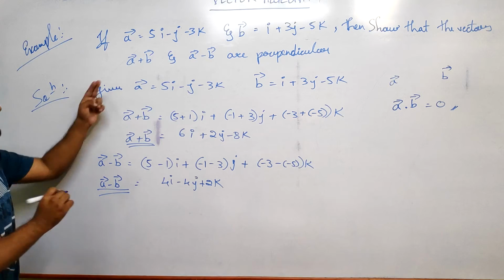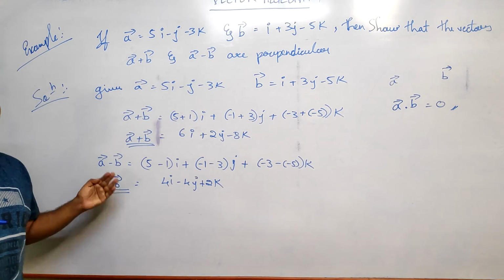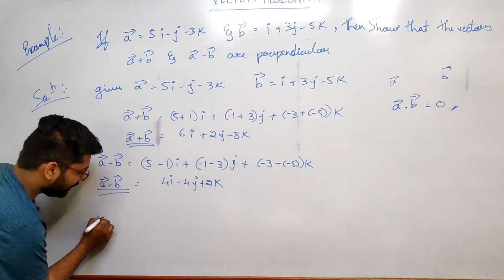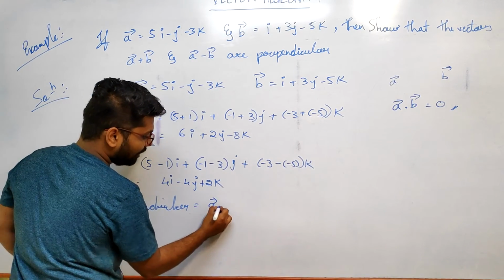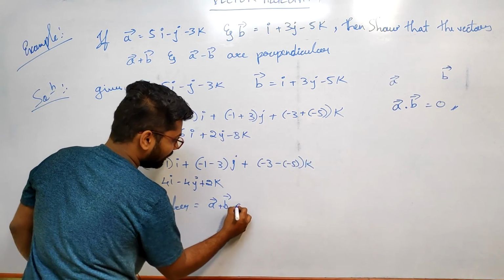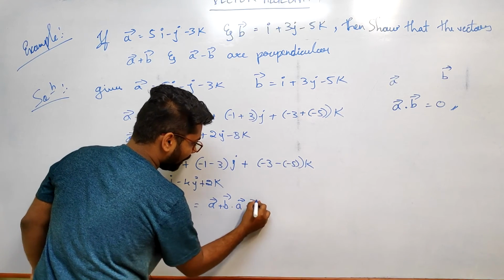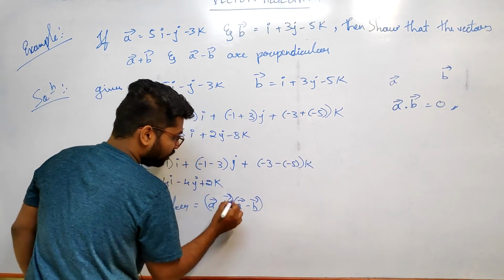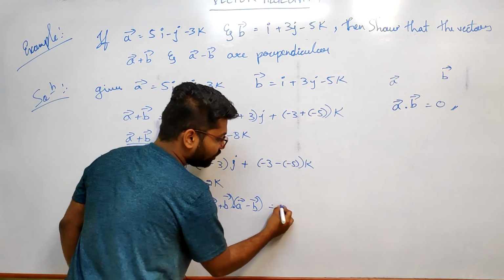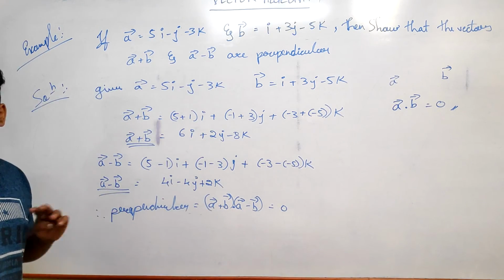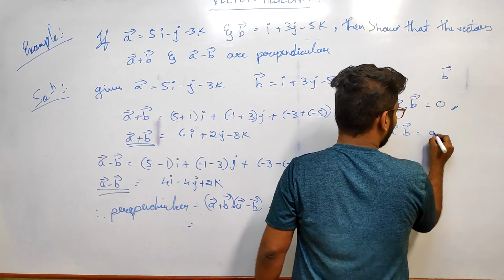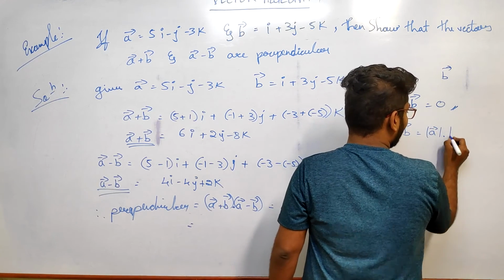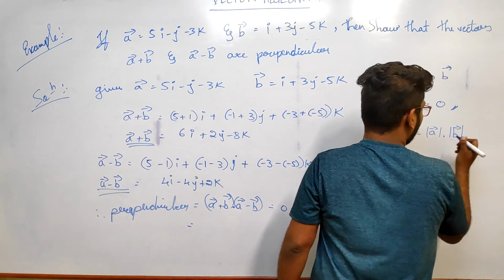These were the required vectors, so we have to show these two are perpendicular. So therefore perpendicularity is nothing but a bar plus b bar dot a bar minus b bar. The dot product of these two should be equal to what? 0. So you know what the dot product formula is? A bar dot b bar is mod a bar mod b bar cos theta.